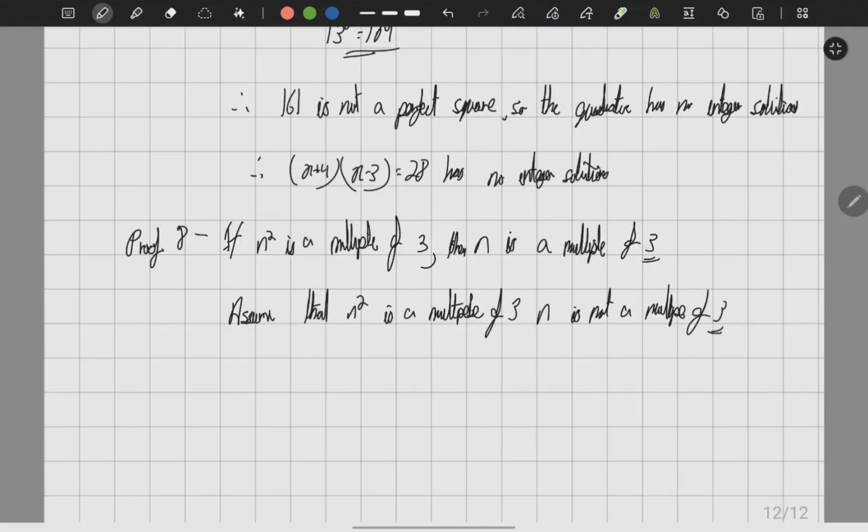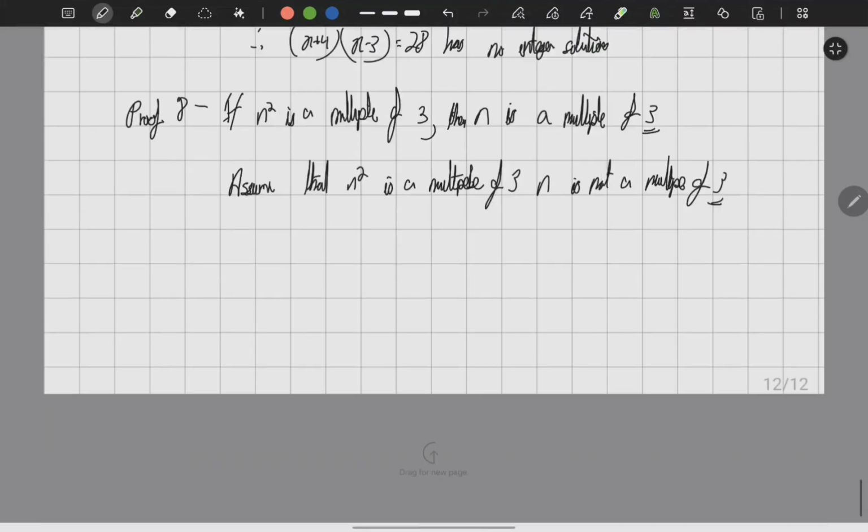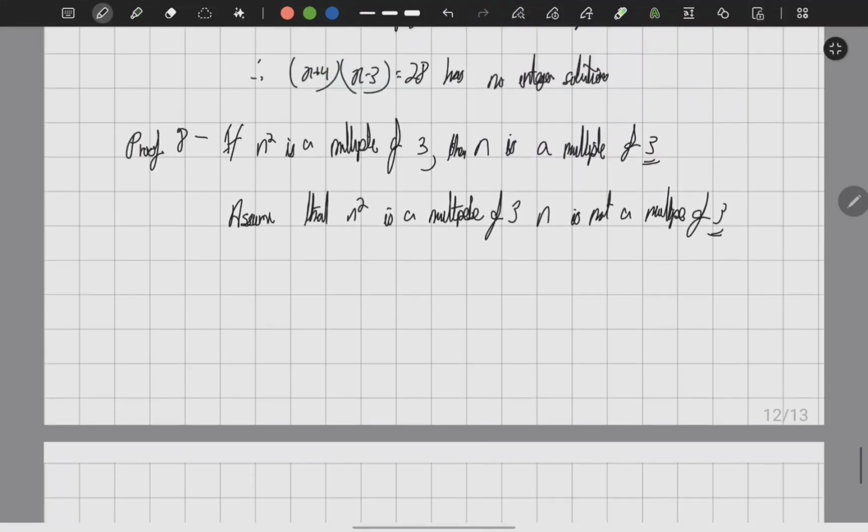Okay, so now first of all, how do you represent something that's not a multiple of 3? Well, it's the same thing as when it's not a multiple of 2. The first case would be 3k plus 1, because every time you get a multiple of 3, the 3k, you add 1, it's not a multiple of 3 anymore.